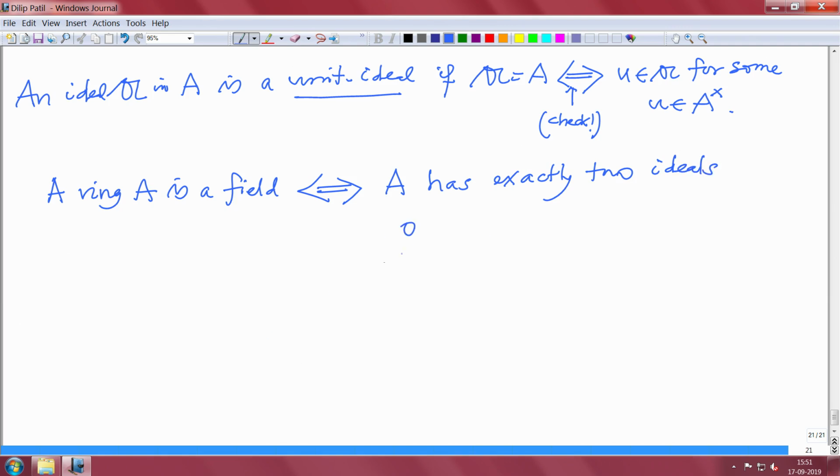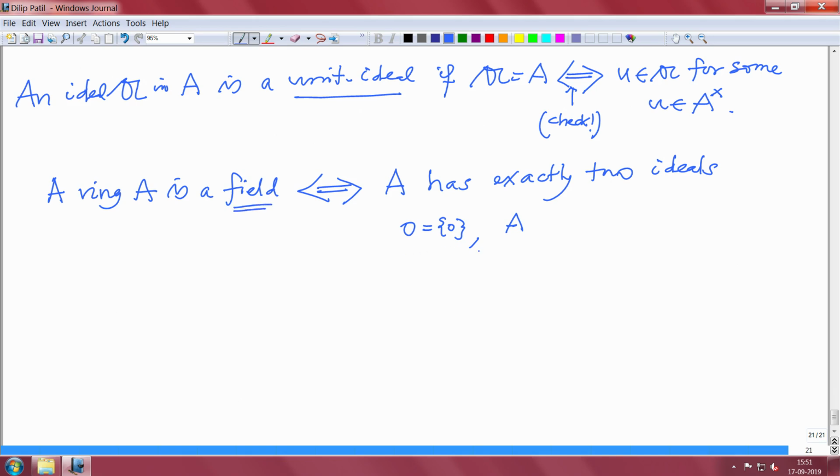One is 0, meaning the singleton 0. This is obviously an ideal, and the unit ideal. These are the only two ideals because it is a field.